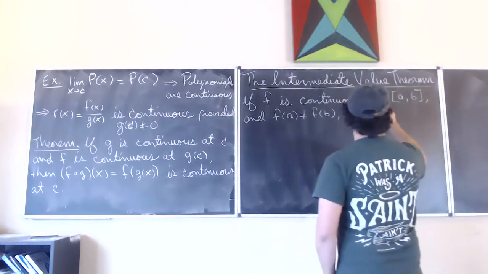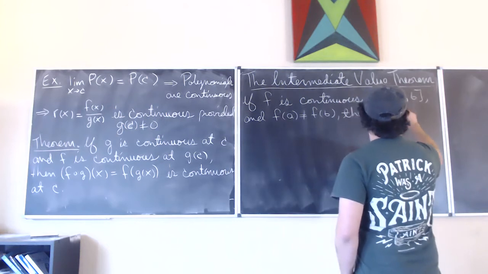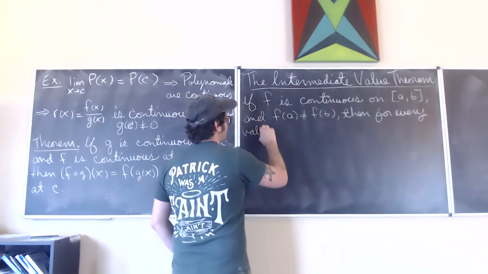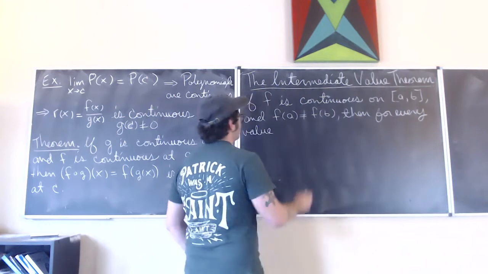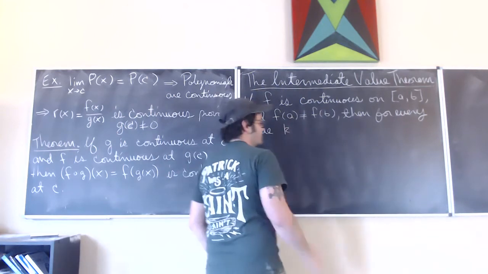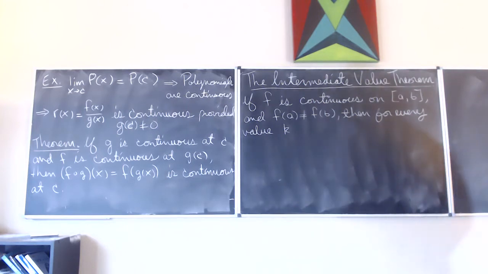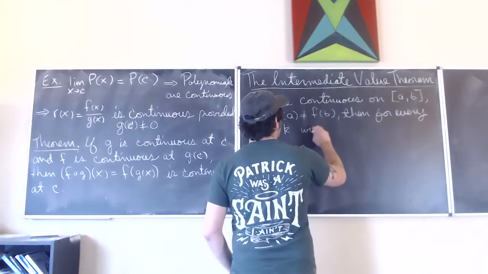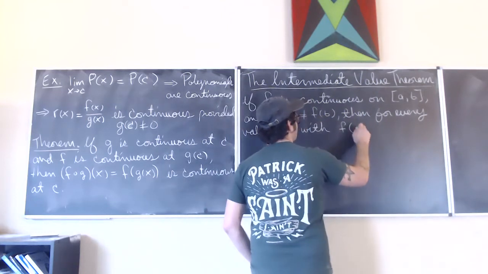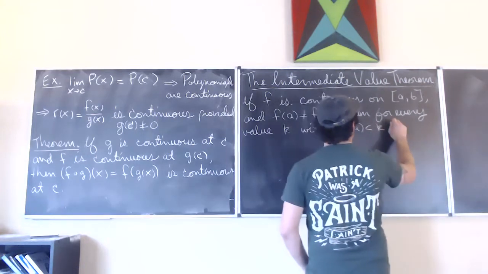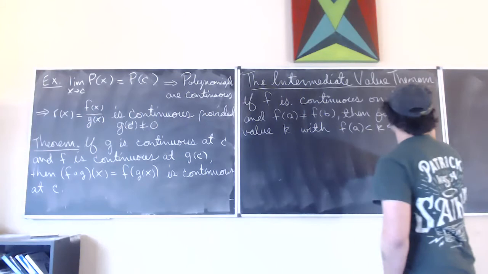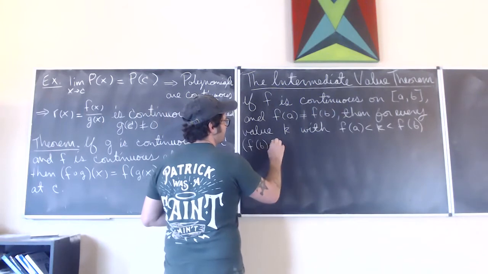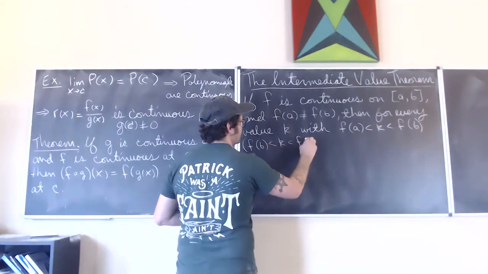So then, for every value k with f of a less than k less than f of b, I should say, or f of b less than k less than f of a.